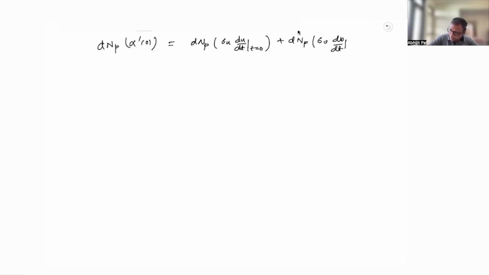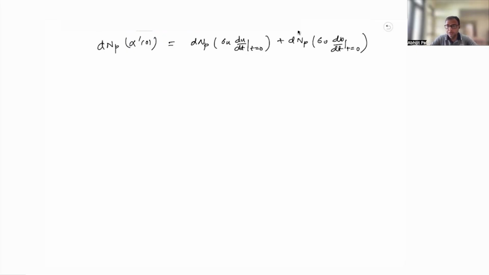Okay. And now we will be applying dNP on this alpha prime 0. So this will be equal to dNP sigma_u du/dt at t equals 0 plus dNP sigma_v dv/dt at t equals 0.